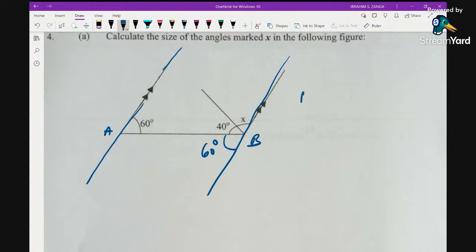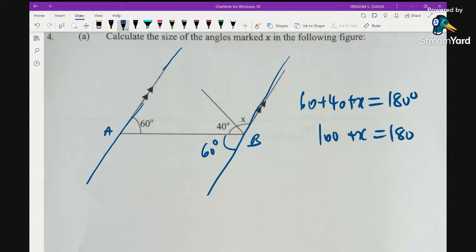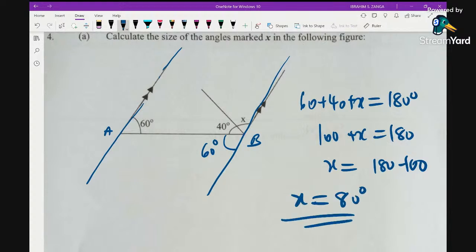So now you have 60 plus 40 plus XC equals to 180 degree. So 100 plus XC, it is 180. XC will be 180 minus 100. So XC will be 80 degrees, dear friends.